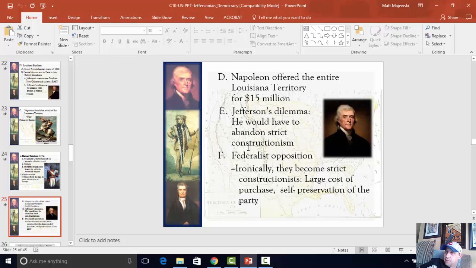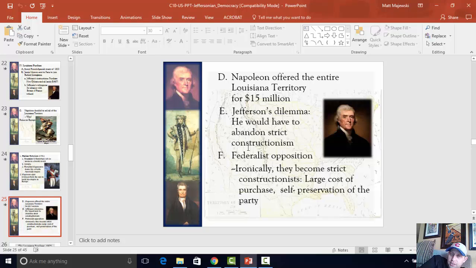So again, this is an example of him going against his own political views in an effort to do what he thinks is best for the country. Now, interestingly enough, the Federalists opposed the Louisiana Purchase. They became strict constructionists and claimed Jefferson didn't have the power to arrange this deal.